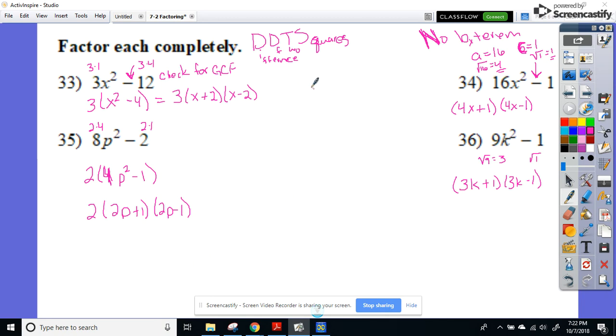If you are confused about what perfect squares are, here is a list of perfect squares. 1, because that's 1 times 1. 2 times 2 is 4. 3 times 3 is 9. 4 times 4 is 16. 25, 36, 49.